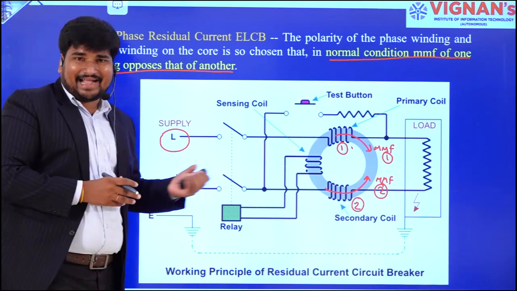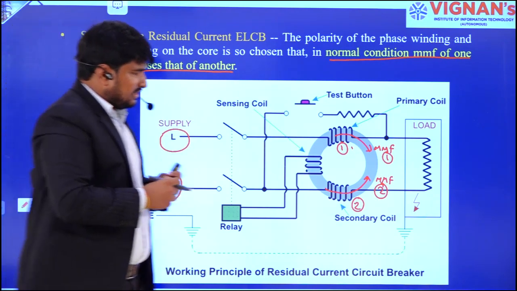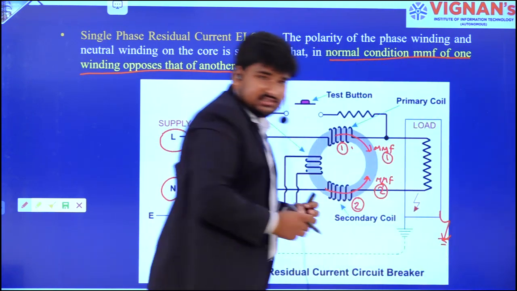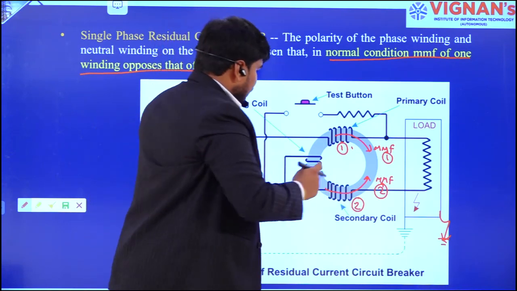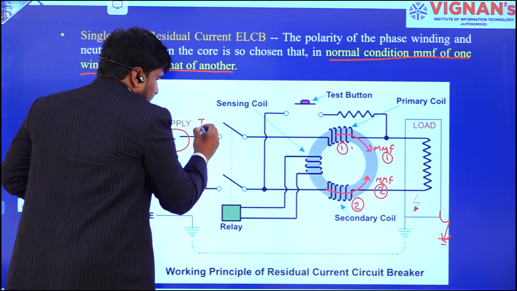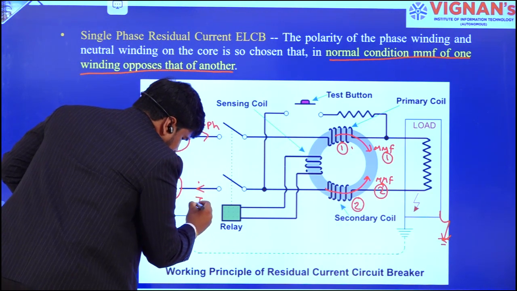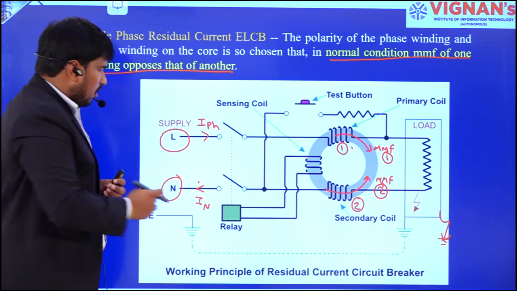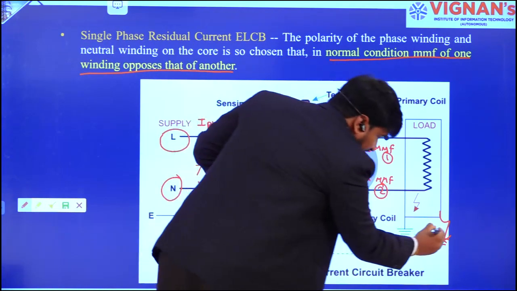Now let us take that any abnormality occurs. Here there may be a chance of leakage. Because of this leakage, the current which flows through the phase wire, that is I phase, is not equal to the current which is coming back in the neutral, because some amount of current is leaking here.